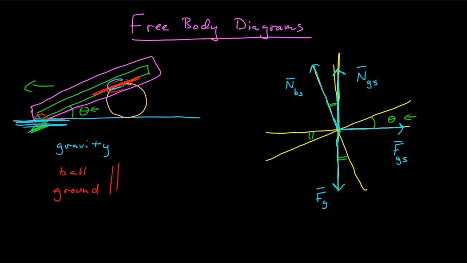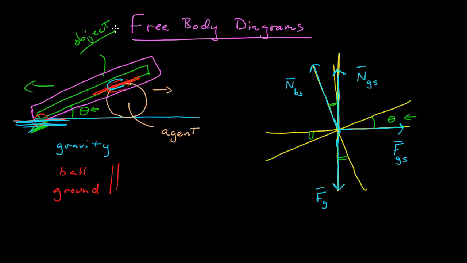Well, the stick would essentially push the ball, and the ball would roll off to the right. And so what does that mean for the direction of the frictional force? We have to be really careful about what is the agent and what is the object. Remember, in this case, the ball is the agent.